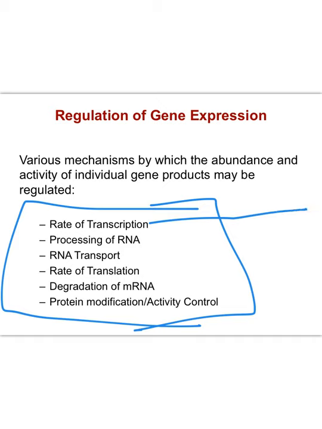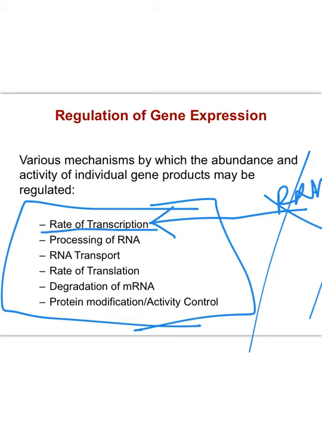So transcription is the big one, right? That gives us the RNA, this dogma to protein. But we can also block the protein from happening. We can knock out that RNA after we make it. But that's a big waste of energy. So most of the time, if you transcribe something, we're going to translate it and use it functionally. But these other levels, we can still control gene regulation.